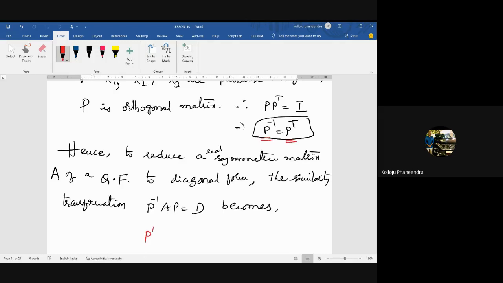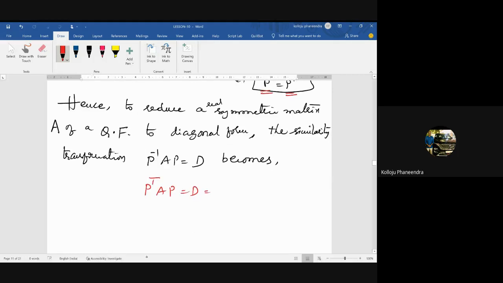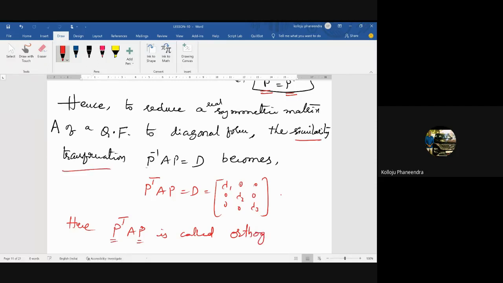D stands for the same, no change here. Since P is an orthogonal matrix, instead of P inverse we have P transpose, and therefore this is called an orthogonal transformation.